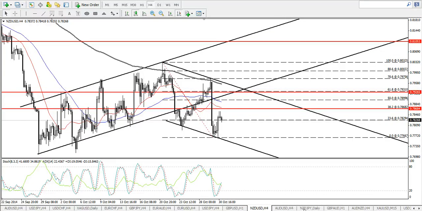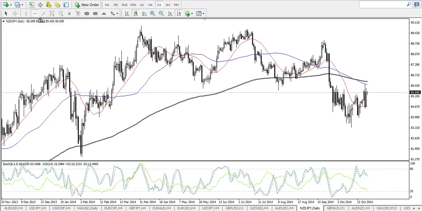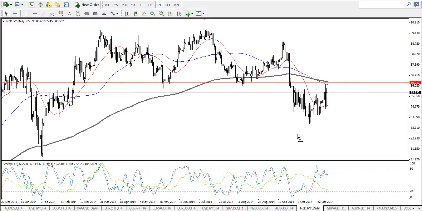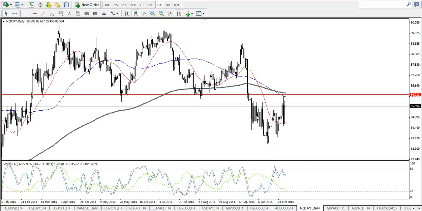Just going to touch on one more pair, which is the New Zealand against the yen. So as we can see, this is the day chart. Previously there was a strong support level over here, and it broke below in September itself.